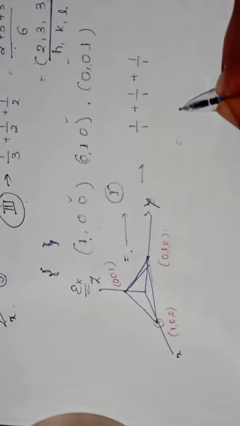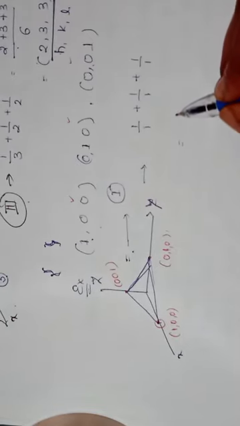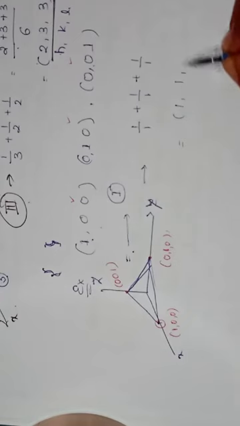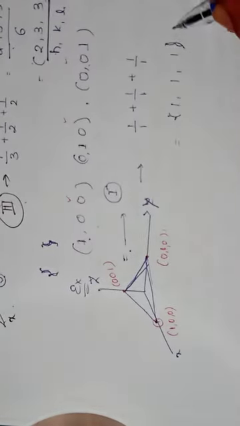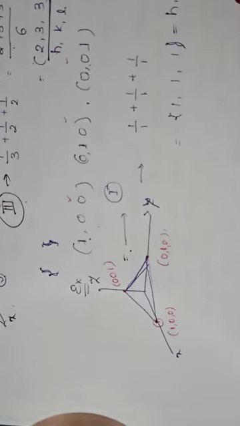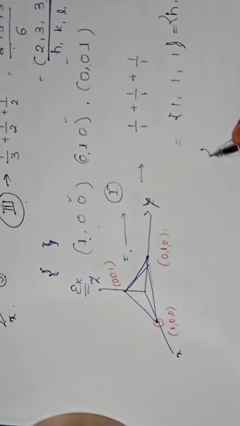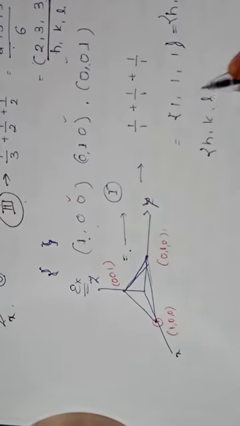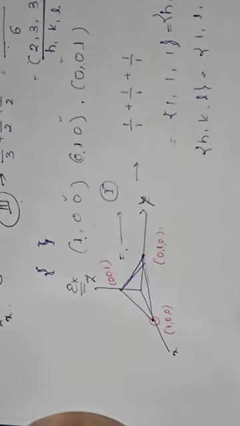So what do we get? We get 1 1 1. This is the Miller indices, which is equal to h k l. This we have to write in flower bracket. So h k l is equal to 1 1 1.